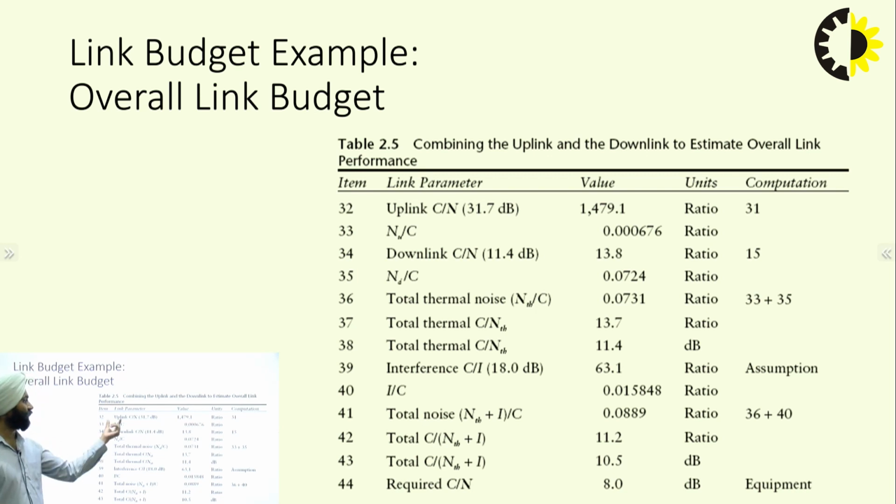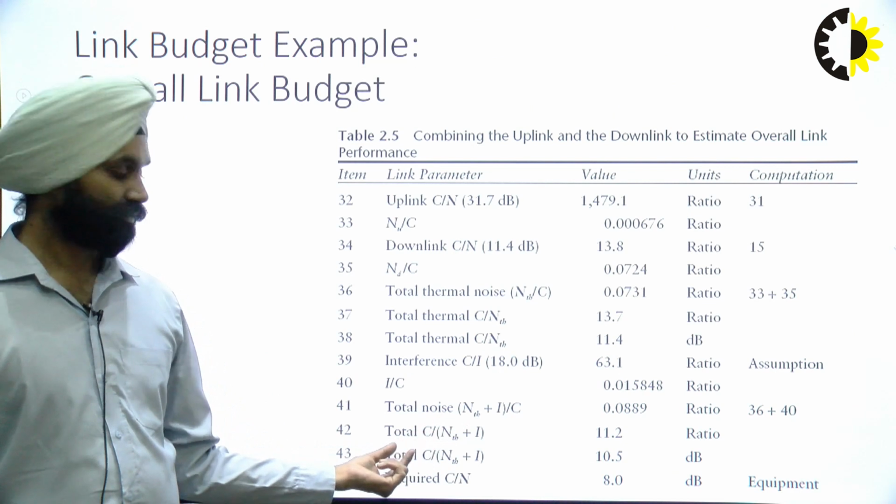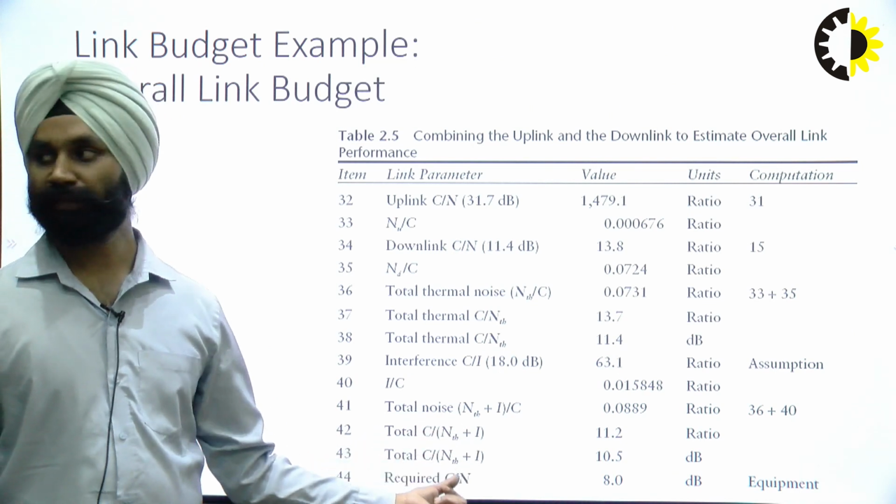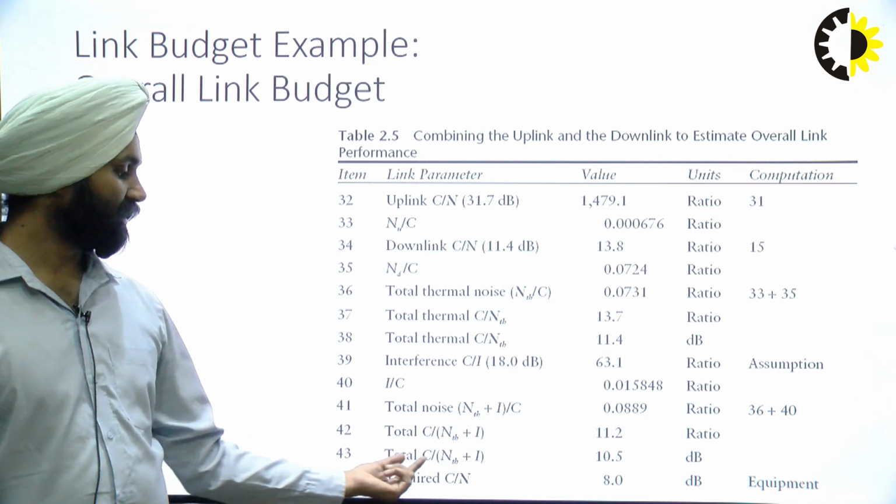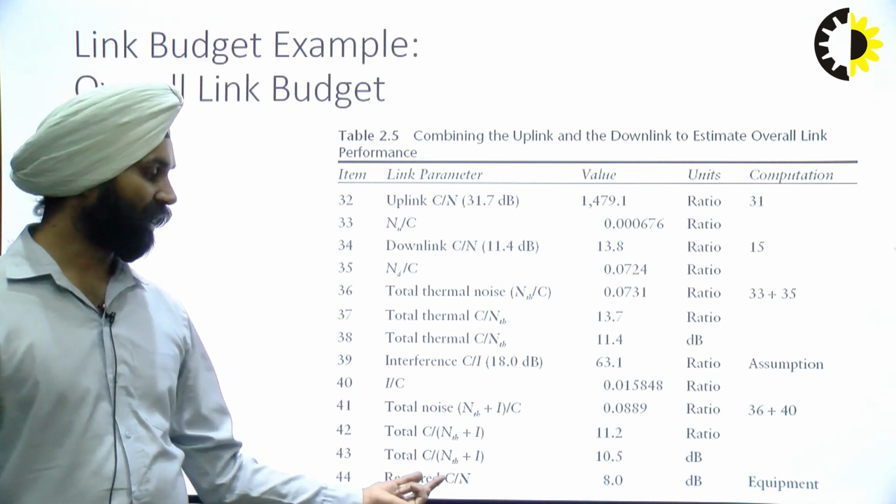For example, the uplink C by N ratio, the noise to carrier ratio, then the downlink carrier to noise ratio, then the overall noise to carrier ratio, the total thermal noise, the total thermal C by N ratio, the interference C by I, the carrier to interference ratio, the interference to carrier overall ratio, then total noise, then total C by N plus I ratio, then total C by N ratio, and the required C by N ratio.